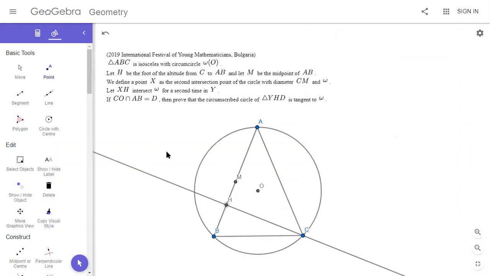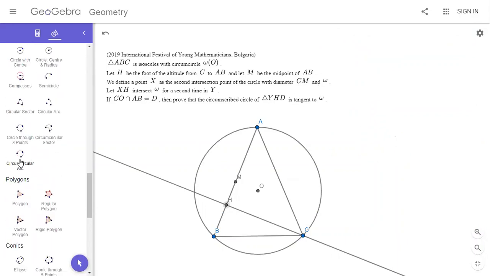X is, so the circle with diameter CM is the circumcircle of CHM, right?